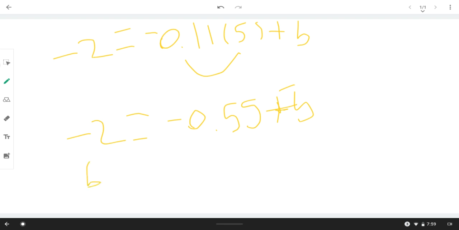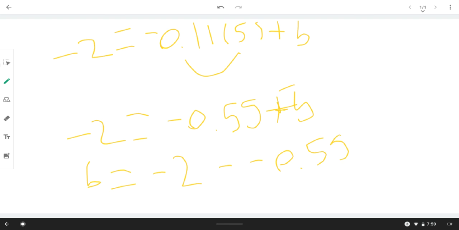So here it goes. b equals negative 2 minus negative 0.55.